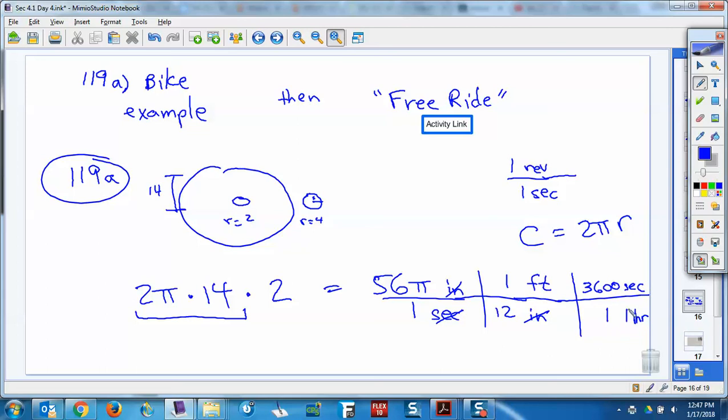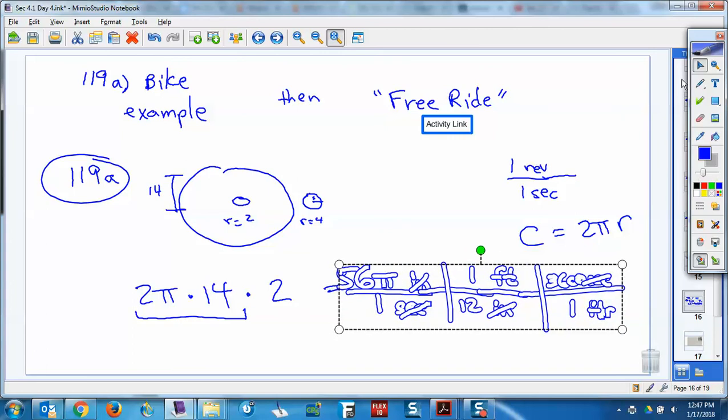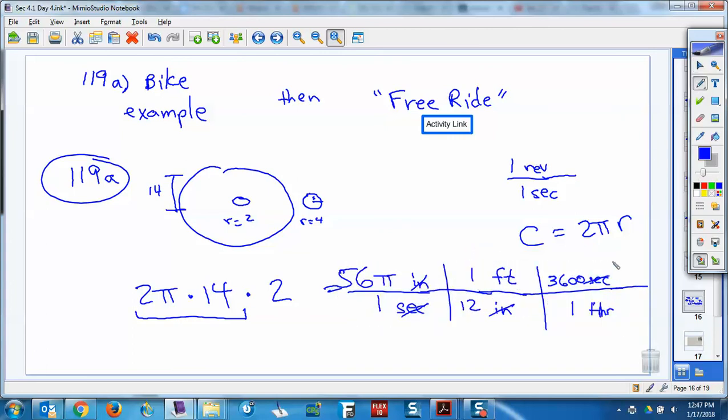Okay, oops, that's hours. Okay, so that's going to cancel seconds. So right now we got, and then we got to cancel feet. Now I'm out of room. Let me work on magic here. All right. And now we got, and we want miles, so we got to get rid of feet. So 5,280 feet in 1 mile.